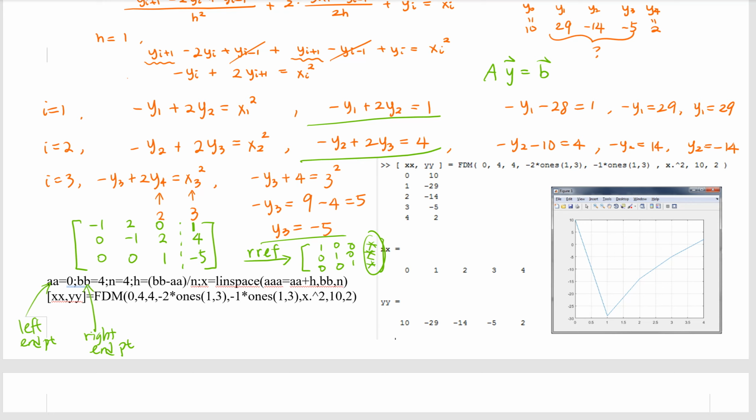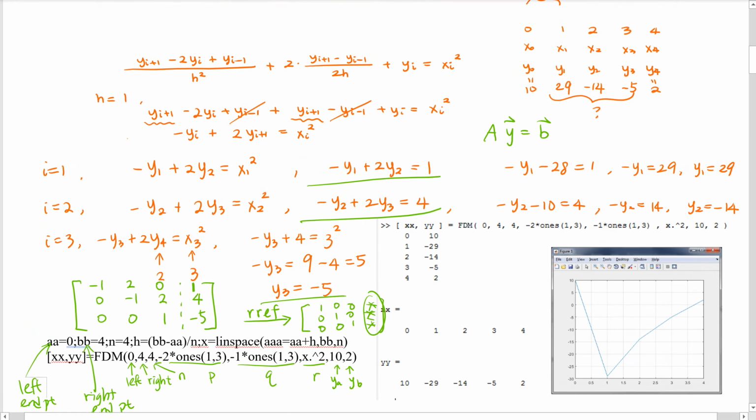And then the syntax for the finite difference method: this is the left endpoint, this is the right endpoint, and this is n, and then we have the P, Q, R, and then this is YA, and this is YB. What are P, Q, R in this case?